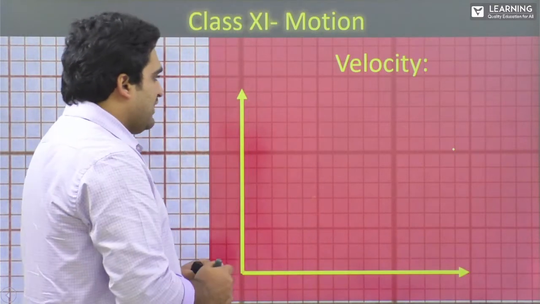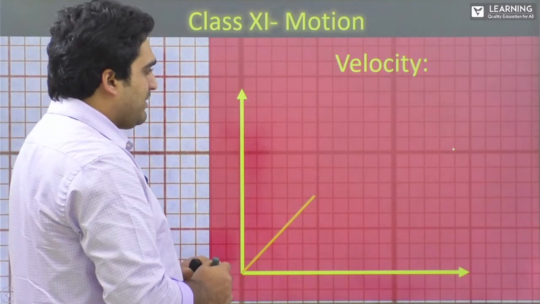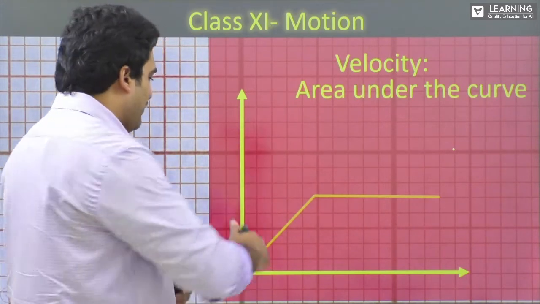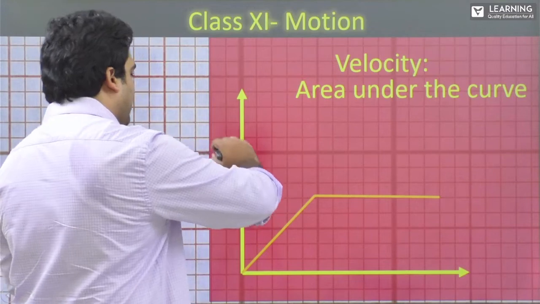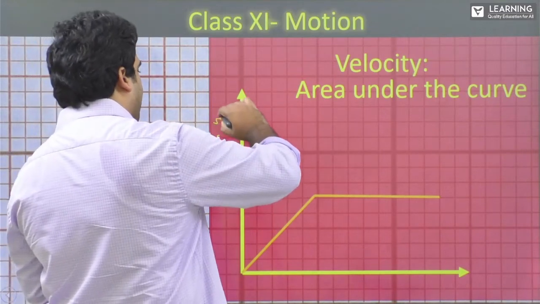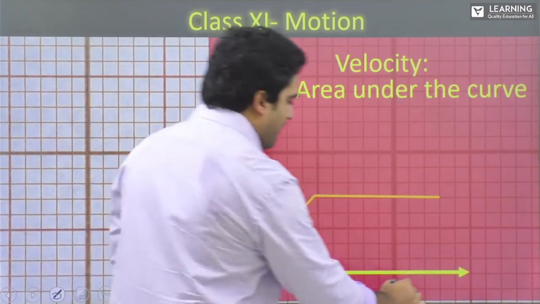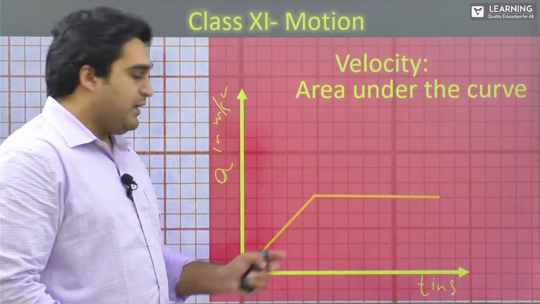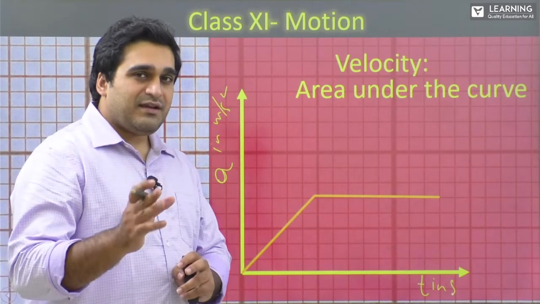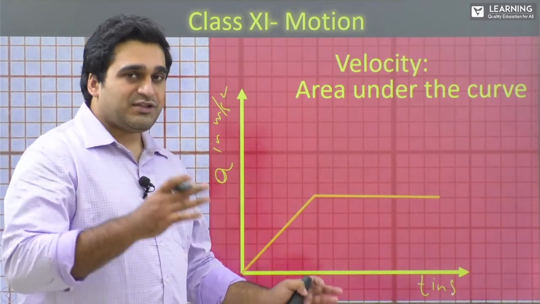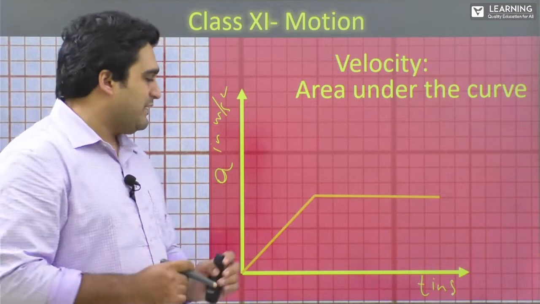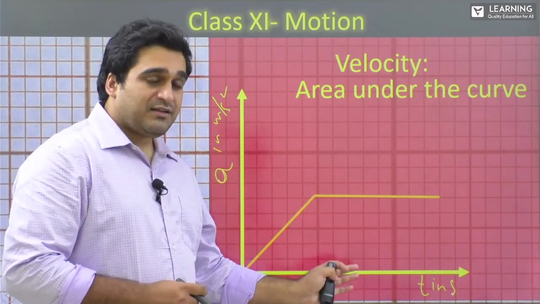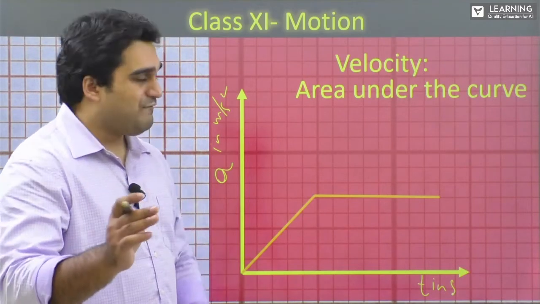For an acceleration time graph, velocity can be determined by the area under the curve. Do you remember area under the curve for a displacement in a VT graph? Similarly, in an AT graph, find the area under the curve, get velocity.